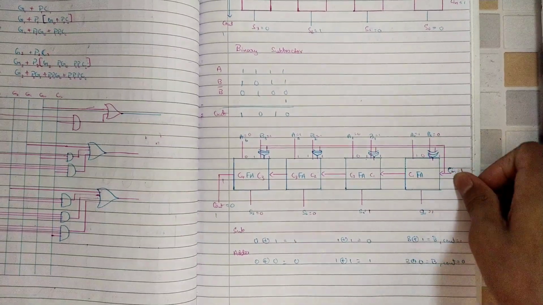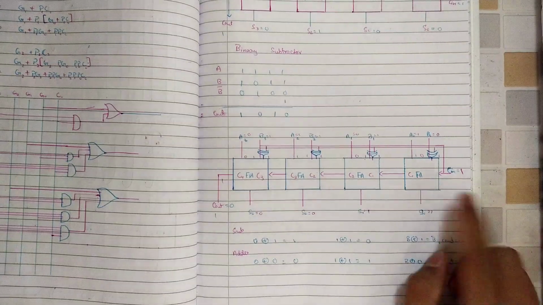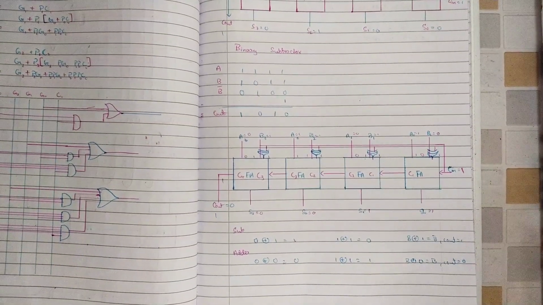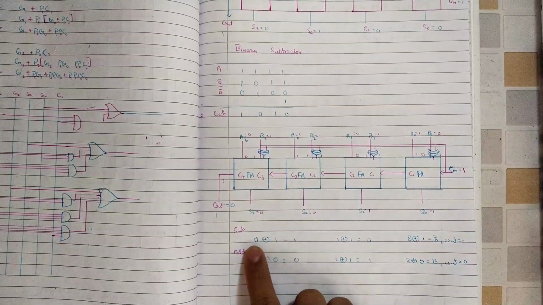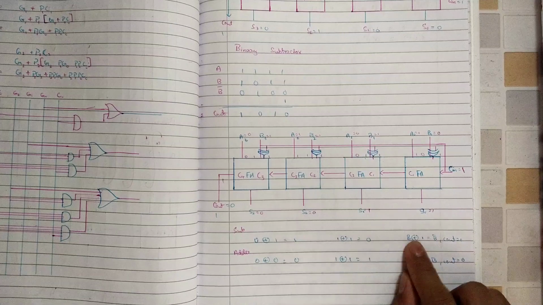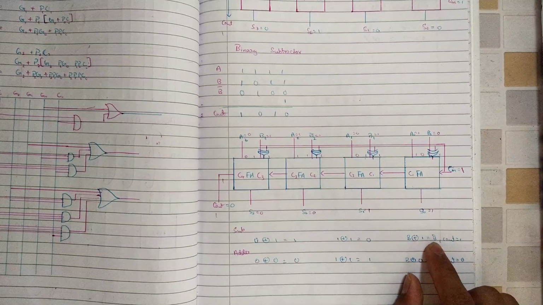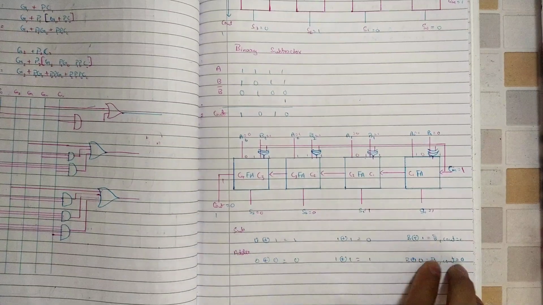For the adder you will have carry in and B naught as your input. For the subtractor, instead of carry in you will have borrow in, that's it, B in. For the subtractor, 0 exclusive 1 is 1, 1 exclusive 1 equals 0, and B exclusive 1 is equal to B bar, C out equals 1. Just try to remember this.